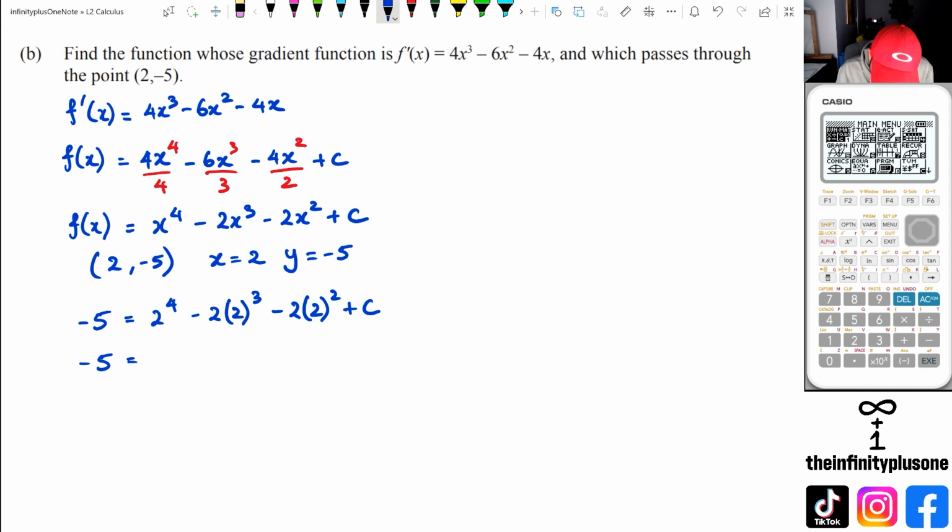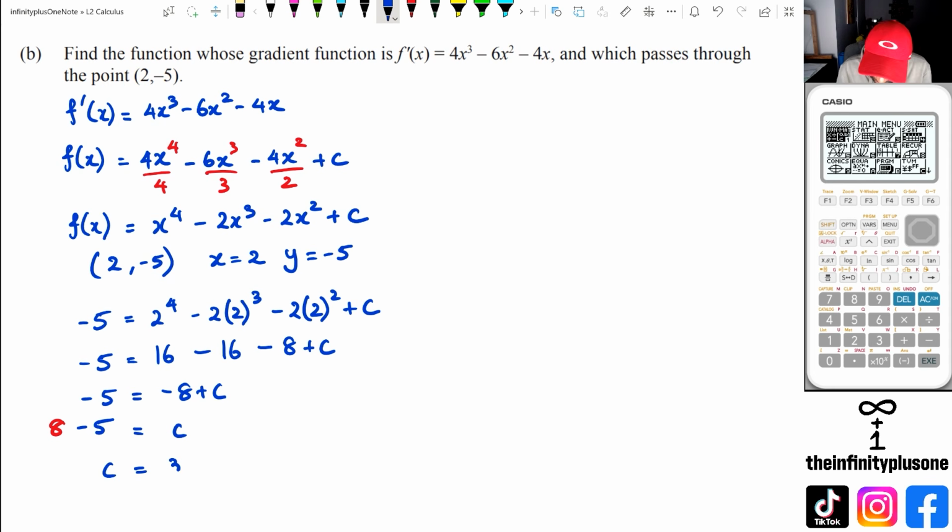So 2 to the power of 4, that's going to be 16 minus 16 minus 8 plus c. So we're going to get negative 5 is equal to negative 8 plus c, and then negative 8 goes to the other side to become positive 8. We've got 8 minus 5 is equal to c, so c is equal to 3.